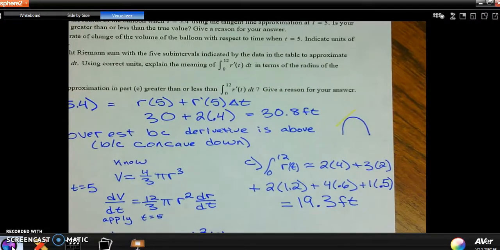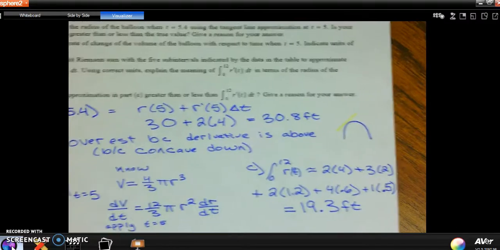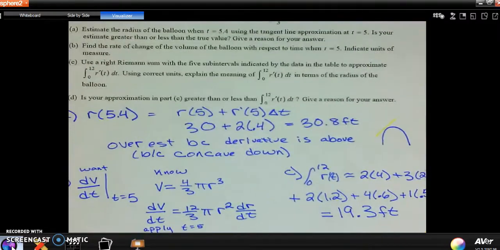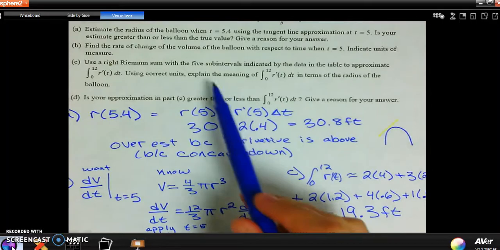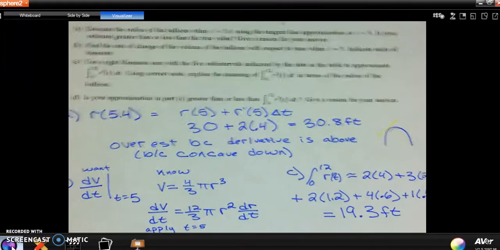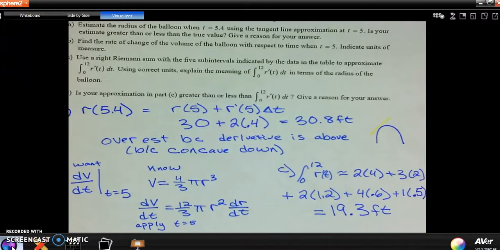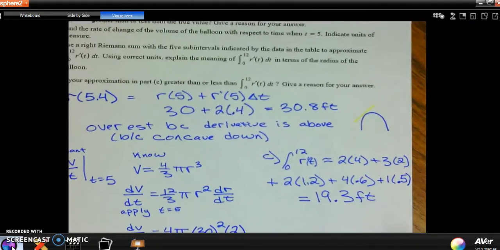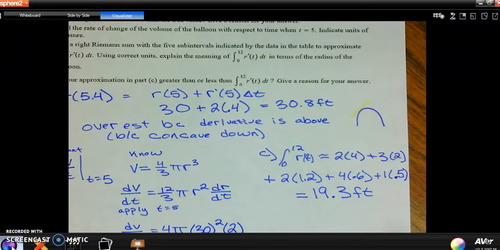And did it say something like that? Oh, it said in there specifically, using the correct units, explain the meaning of that in terms of the radius of the balloon. That's one of the things they're coming up with. They really want you to be able to say, what does it mean? So here, this is the total change in the radius over 12 minutes. You could say the radius changed a total of 19.3 feet over 12 minutes.